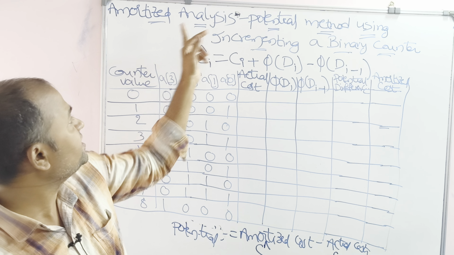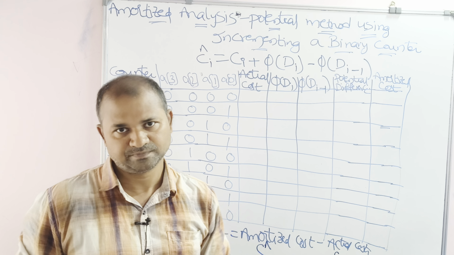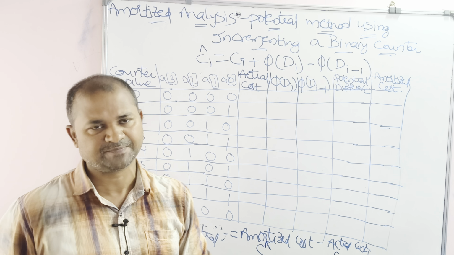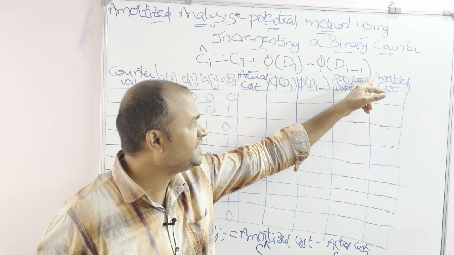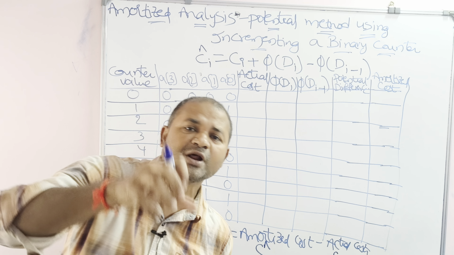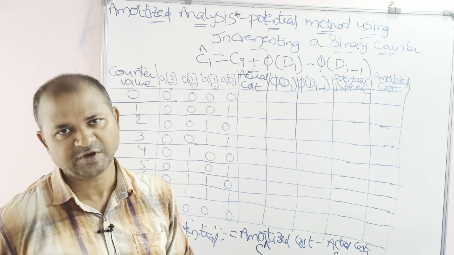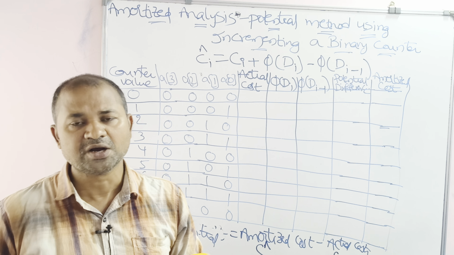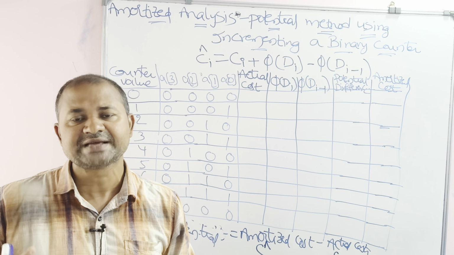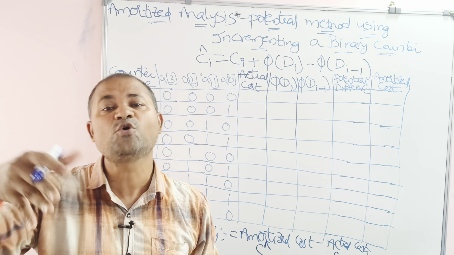Here the data structure is a binary counter, so the binary counter after applying the ith operation, whereas Di-1 means the data structure before applying the ith operation.